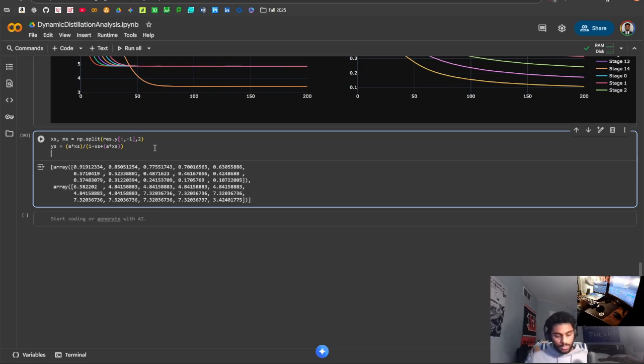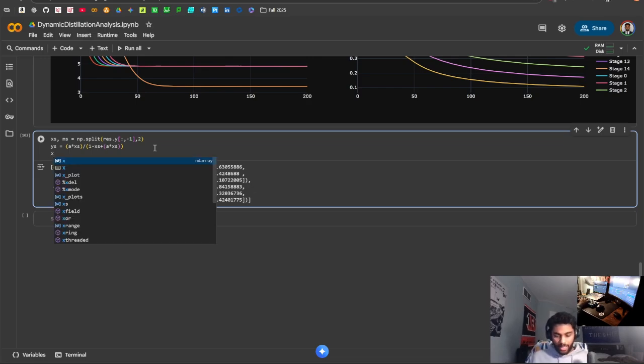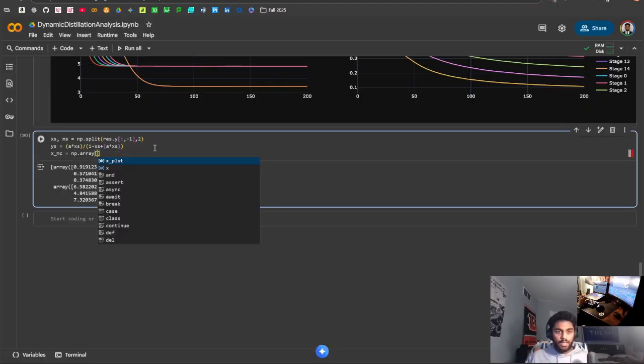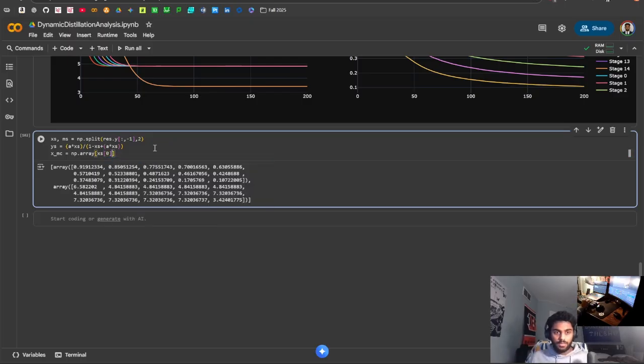And now I'm going to introduce my x's for my McCabe-Thiele. I'm going to have to set up another array, so np.array. My first term is going to match my x's, so I'm going to take the 0 position from that.